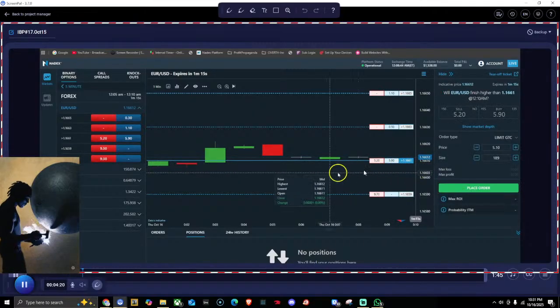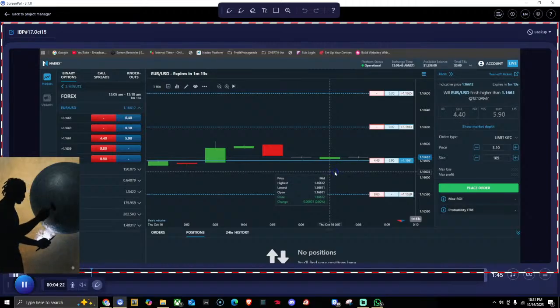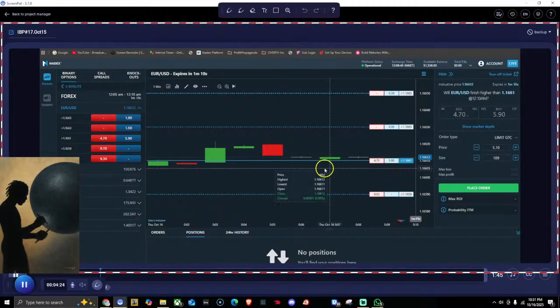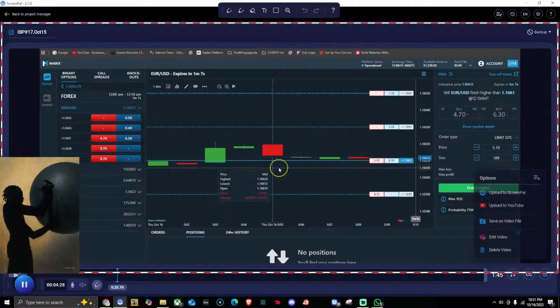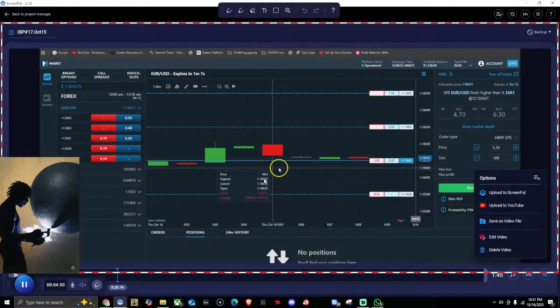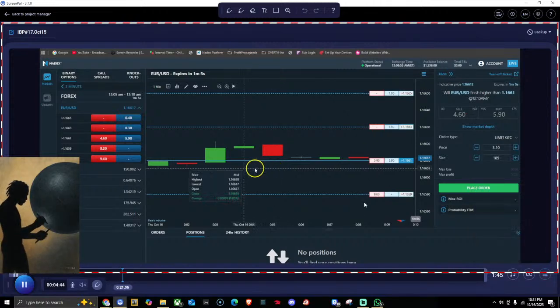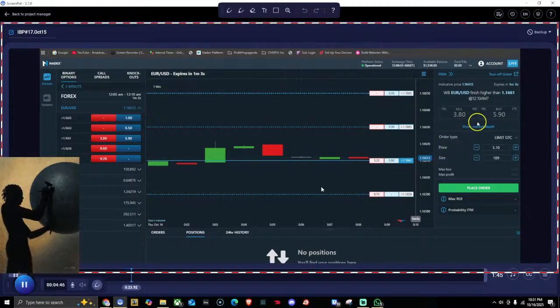Once I've confirmed that it is, boom, boom, boom. Okay, I'm checking, cool. Even this one, the highest point is inside of the buy. It's at the top of the buying position. So all of that is adding to the justification to enter a trade.